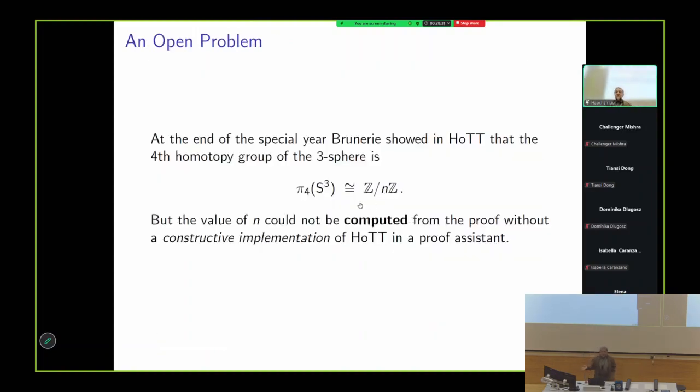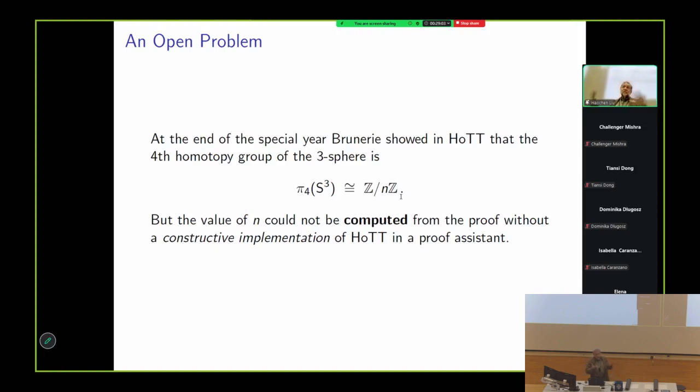so by the end of the special year, one of the participants, a very smart young student named Guillaume Brunerie, proved in HoTT, in the formal system, that the fourth homotopy group of the 3-sphere, pi4 of S3, is Z mod n for some value n, but the value n could not be computed from the proof without having a formal system that implements our type theory in a computer.